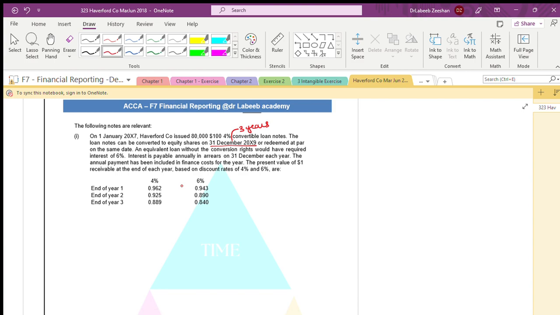An equivalent loan without the conversion rights would carry 6%. Interest is payable annually in arrears, meaning at the end of each year. The annual payment has been included in finance cost of the year.